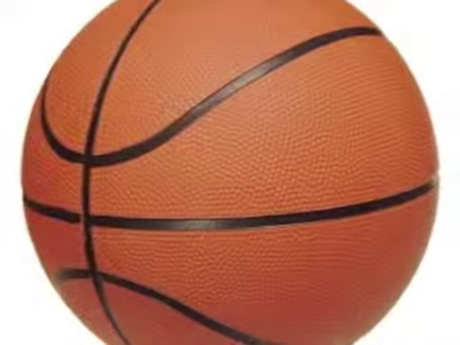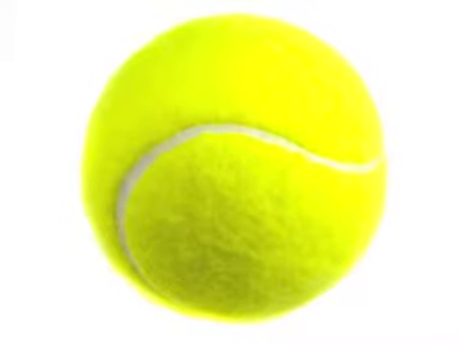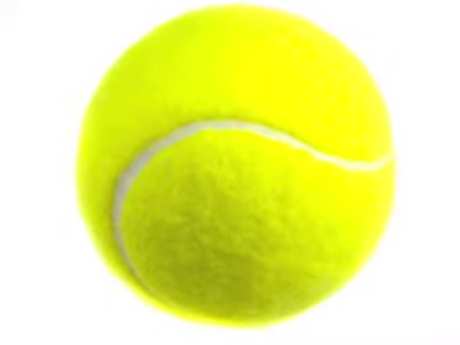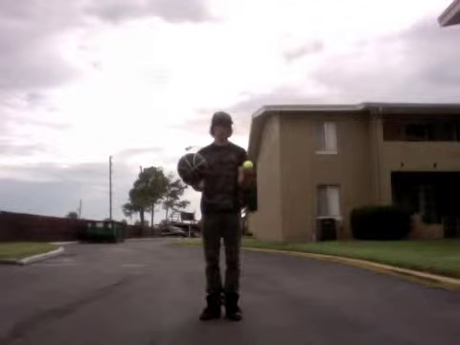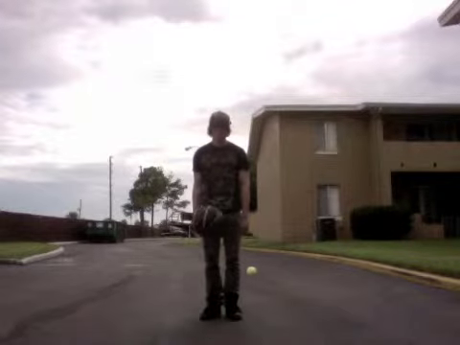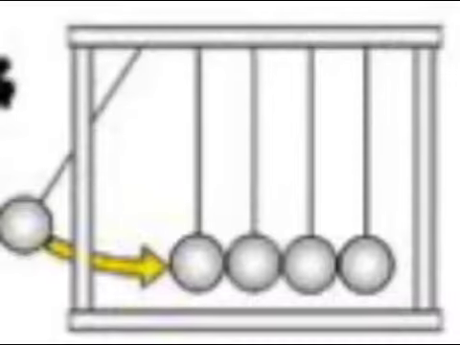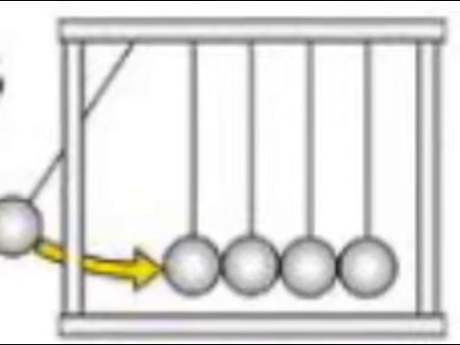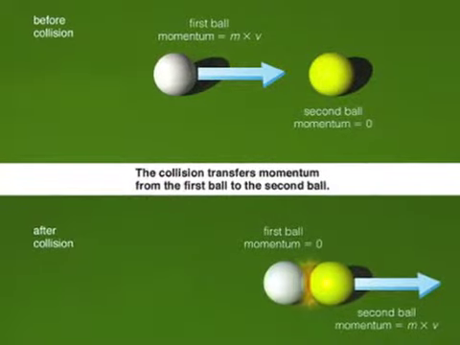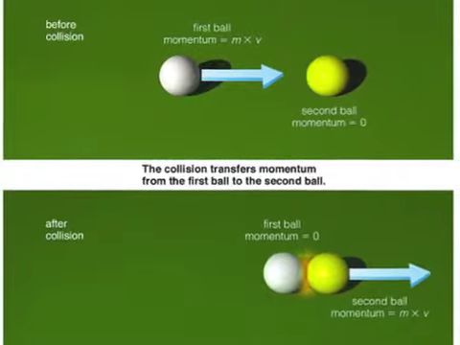Now we all know that both the basketball and the tennis ball will bounce when dropped on a hard surface. This is because the ball striking the ground is an elastic collision. Remember, elastic means that the objects collide and bounce off of one another. Elastic collisions can be explained by the law of energy conservation, which states that energy can neither be created nor destroyed, only transferred.